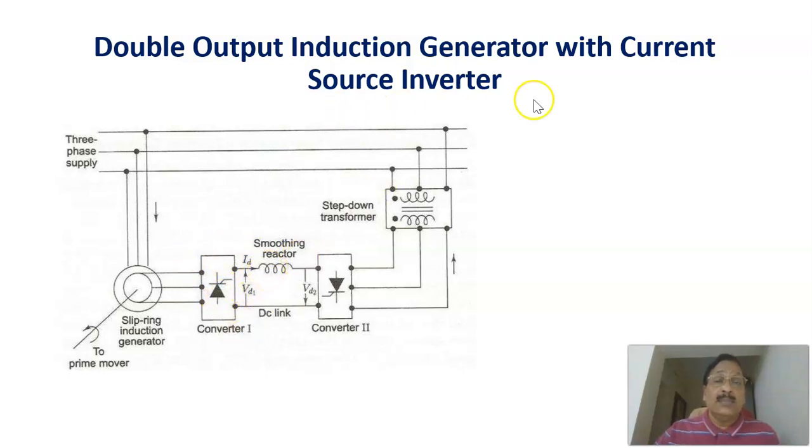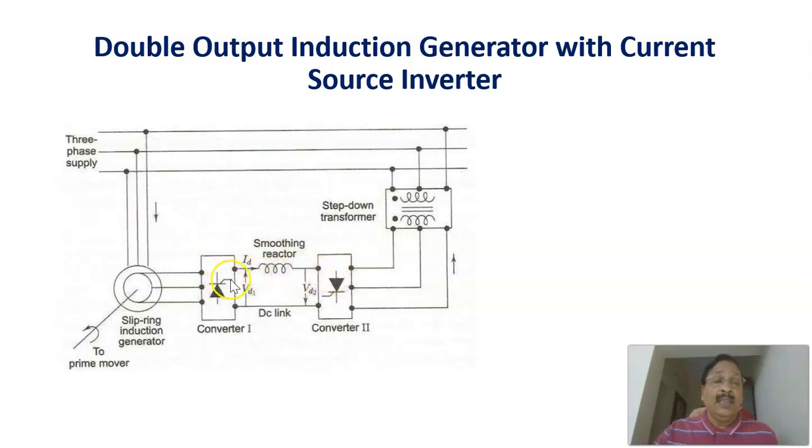This is explained as a current source inverter. Since it is a current source, we connect a large value of inductor in series so that there will be a constant current. Previously, what I explained is a voltage source inverter, in which we make the voltage constant using a capacitor, but here we use an inductor to make the current constant.